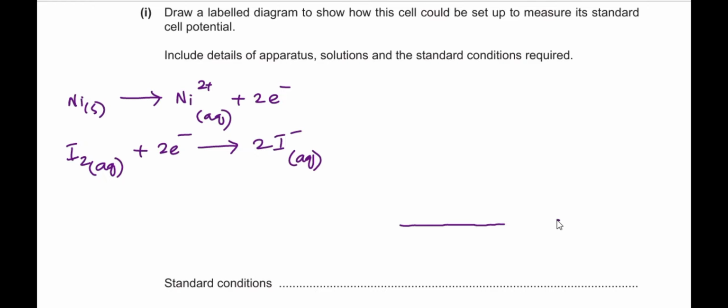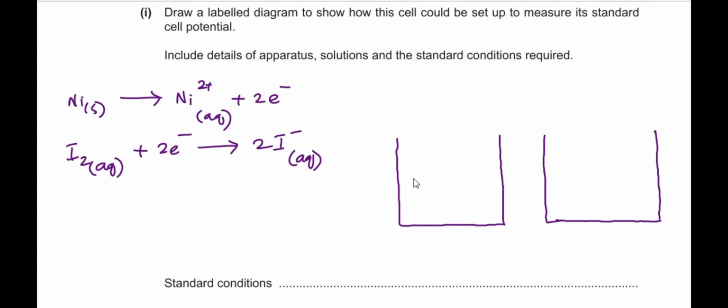So drawing the 2 half cells, okay, so this will be having the nickel electrode, and this will be having another electrode. We should determine which one it should be, because iodine and iodide aqueous need an electrode here. So it should be a platinum electrode which will not react with them. And this is nickel solid.